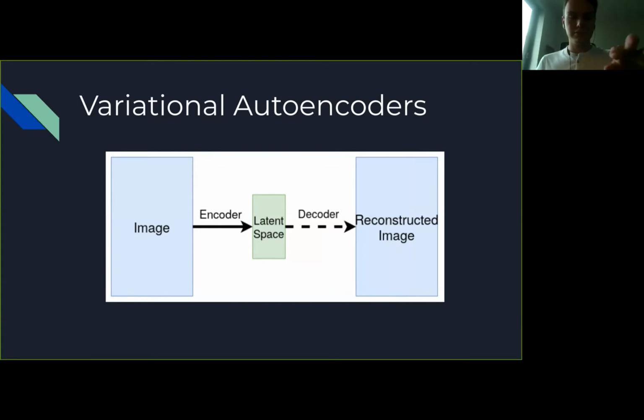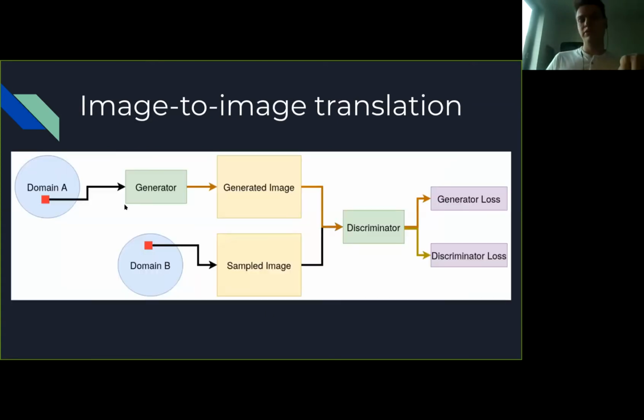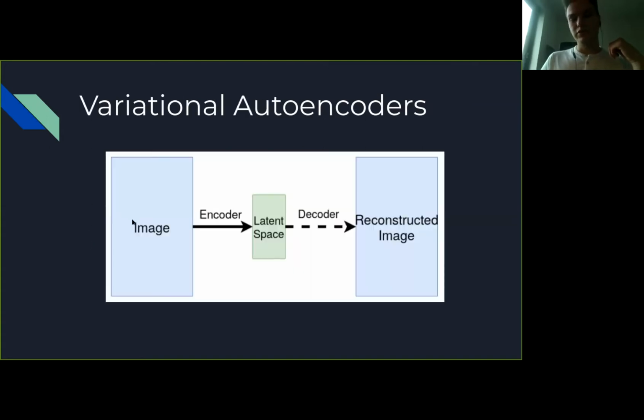And you can put this in the generator. So you have a domain A and you encode it to some latent space, and then you decode it, and then that's your generated image. The original autoencoders reconstruct images, but you can change the output image, of course.